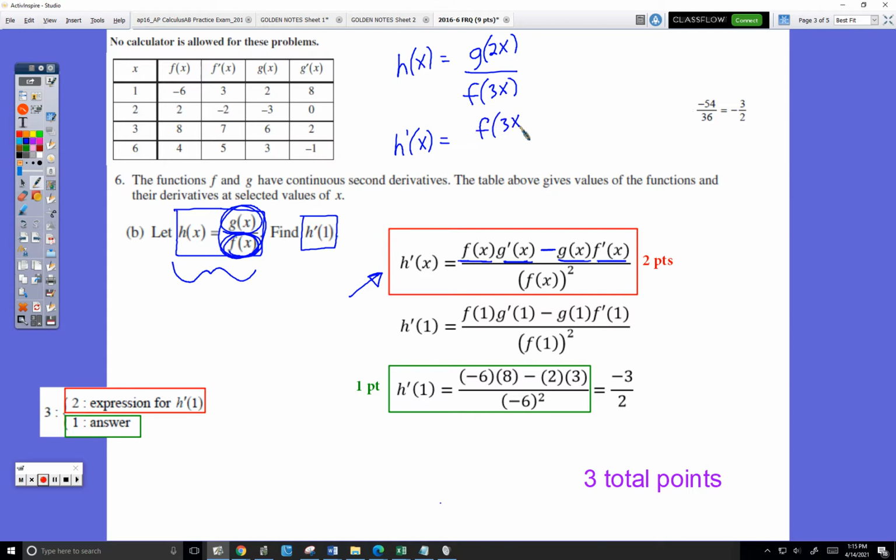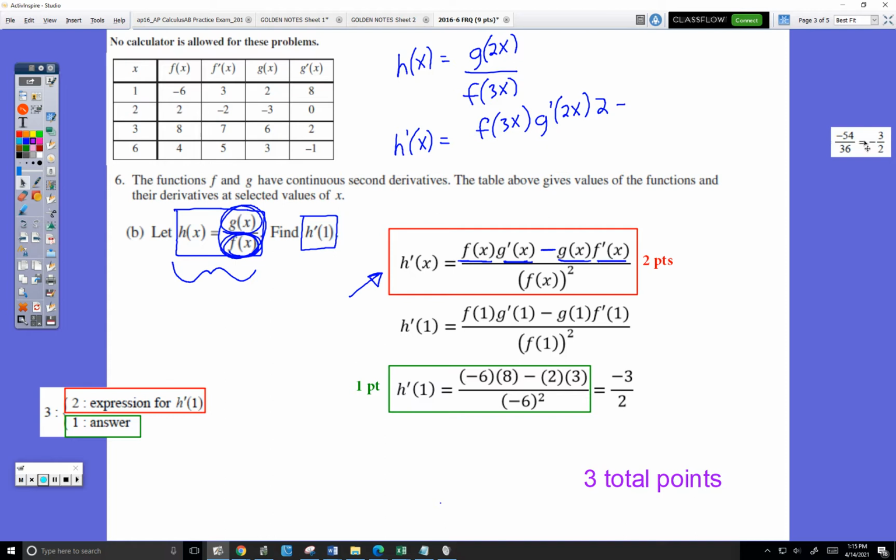Now the derivative of g of 2x is g prime of 2x multiplied by the derivative of the 2x, like that. So just watch out for a possible more difficult problem like that.